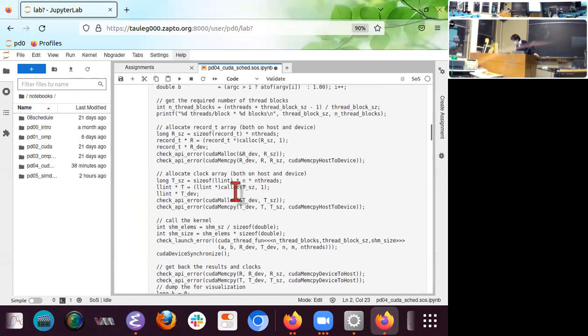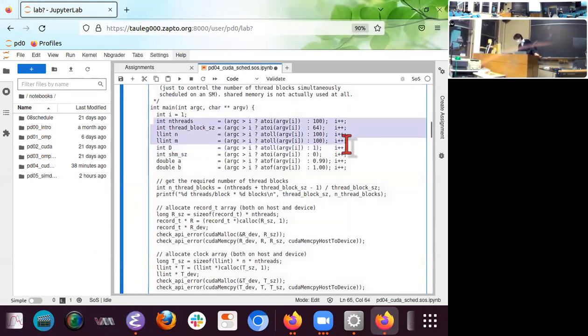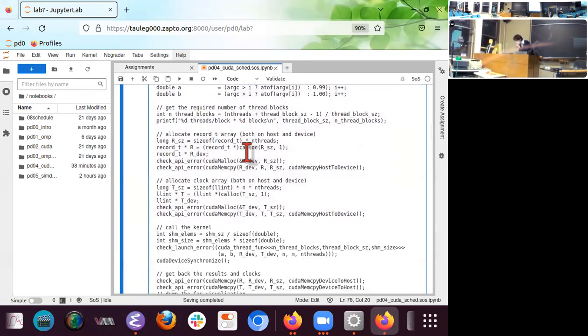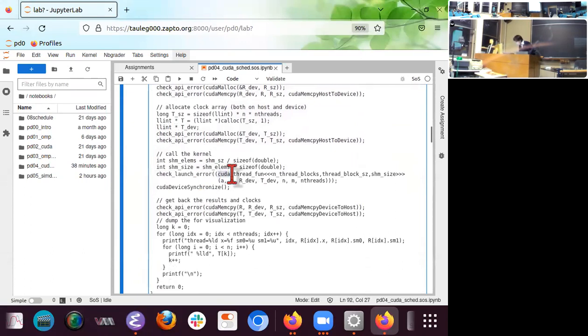Basically, what the main function is doing is simply launching the specified number of threads with the specified thread block size. It simply passes the command line arguments, and eventually runs this kernel, CUDA thread 1.